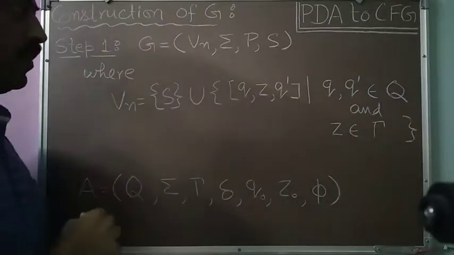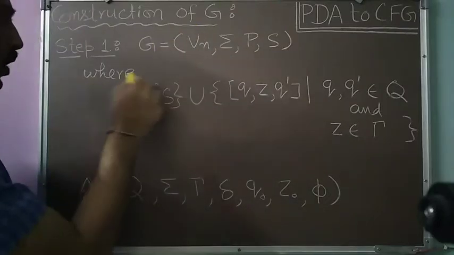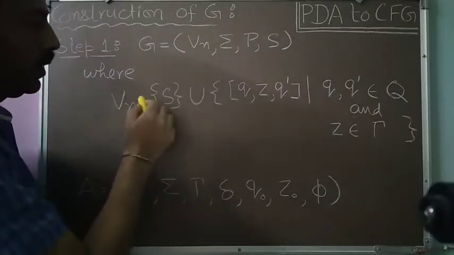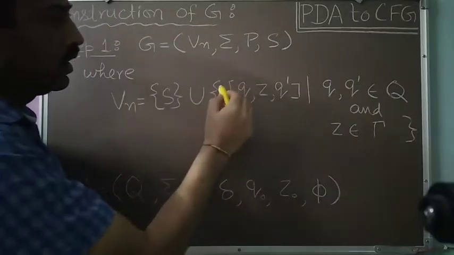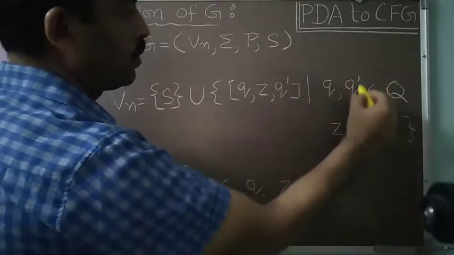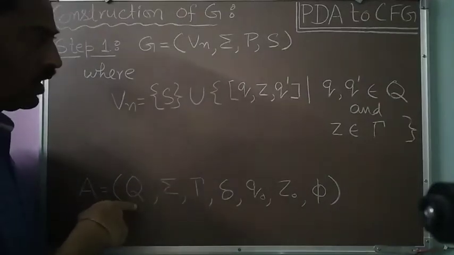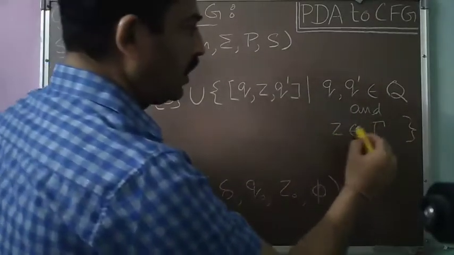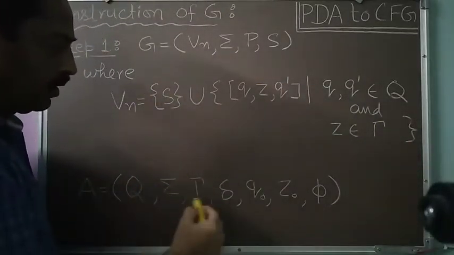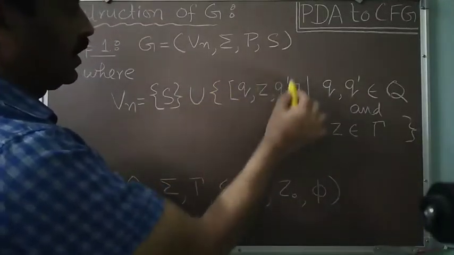In step 1 we will define the set of variables of the grammar G. The set of variables will be S union the triples [Q Z Q'] such that Q and Q' belong to capital Q, meaning these come from our PDA states, and Z belongs to rho, the push down store symbols of the PDA. In this manner we will define the triples.